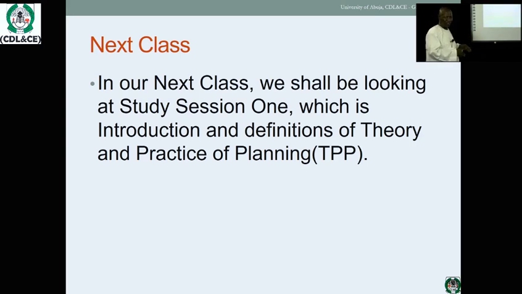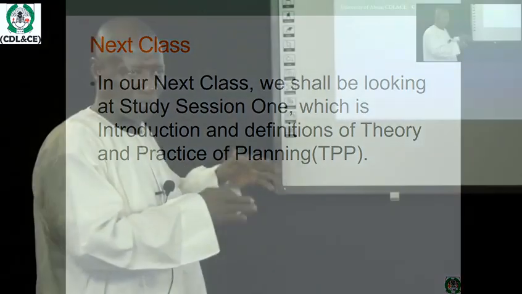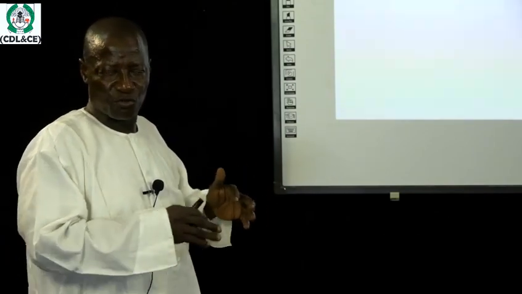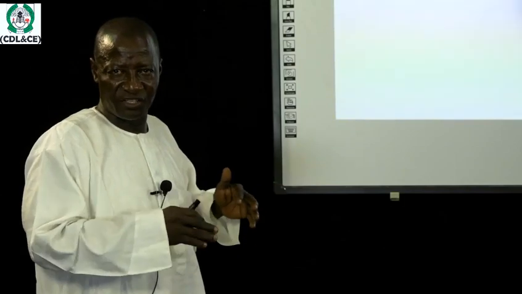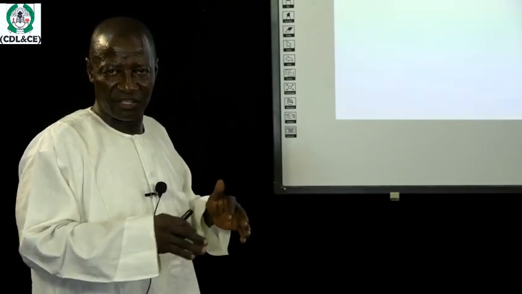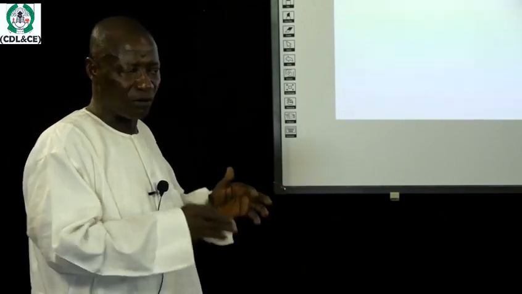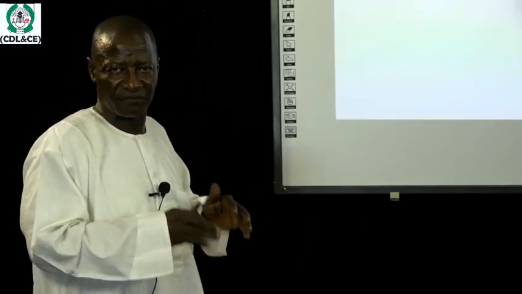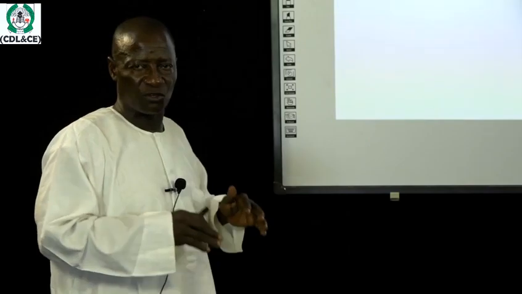We are going to look at the definitions, approaches, and various types and processes through which organizational decision making, that is organizational planning, takes place. We know very well that planning is a futuristic activity. We'll now settle down to look at those things.